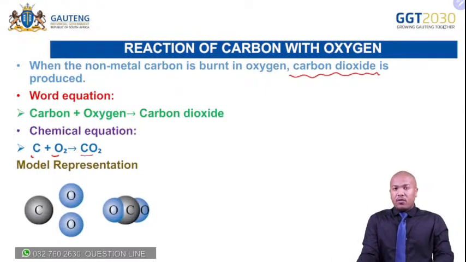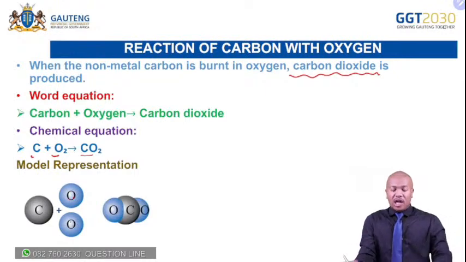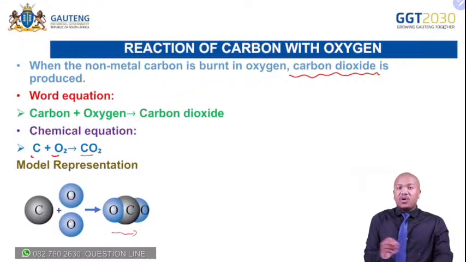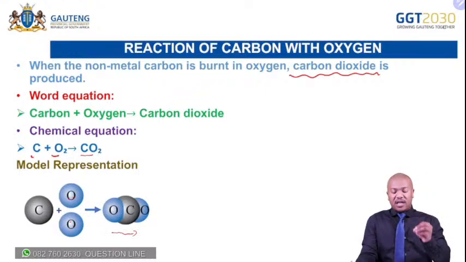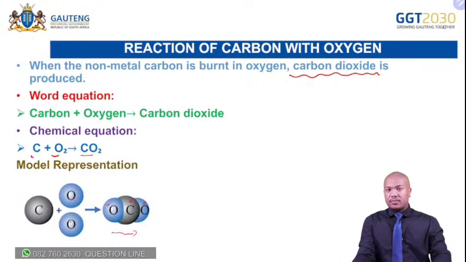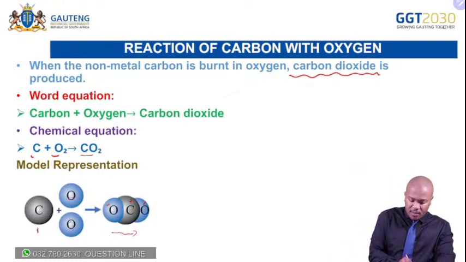If you look carefully there, you have one atom of carbon reacting with two atoms of oxygen to form a whole molecule or compound, which is carbon dioxide. It has one carbon and two oxygens. Therefore, we say it is balanced. Why am I saying so? Let's look at the reaction side. On the reaction side, we have one carbon.